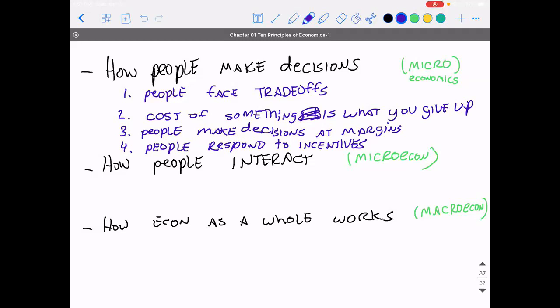Then in terms of how people interact, that trade benefits everyone.